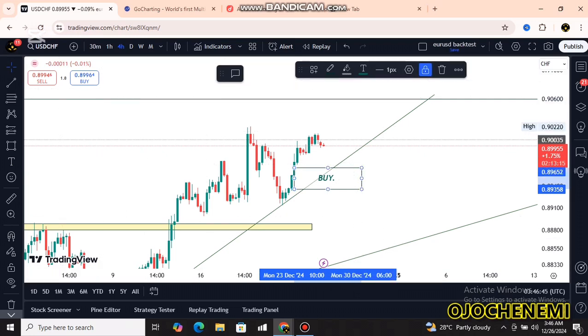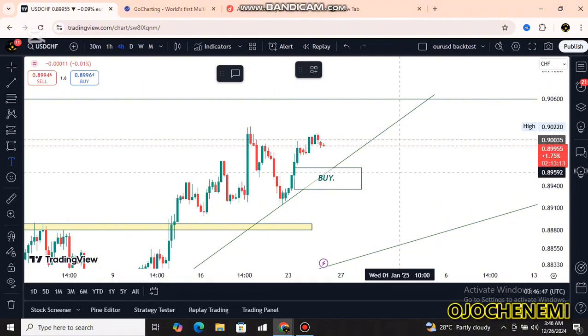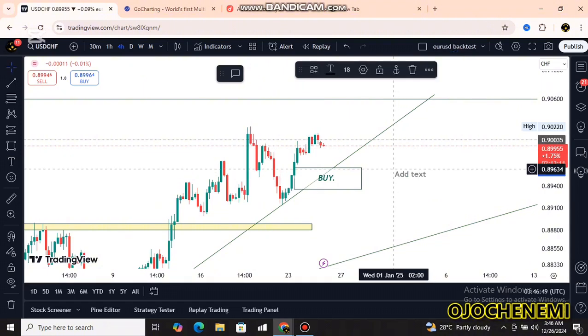So if it returns to this fib zone, I'm going to buy, in combination with the third touch break of my inner trend line. Once the inner trend line breaks the third touch, it's going to form a new touch.